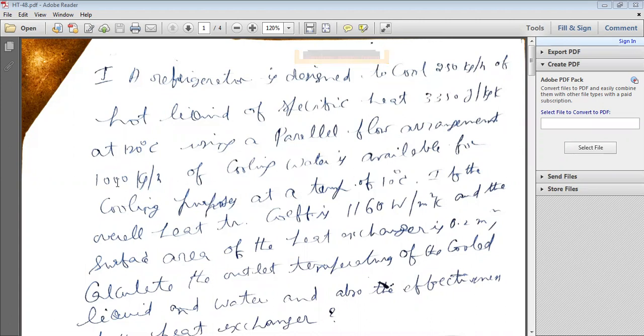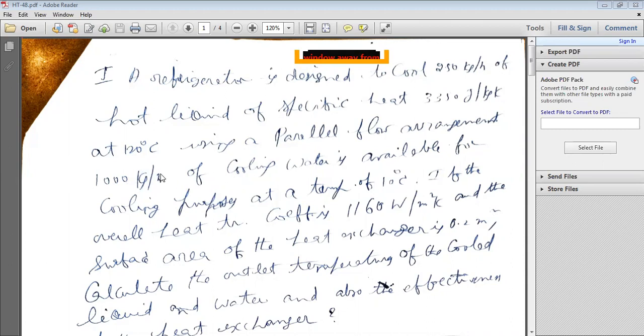And now what is the cold fluid here? Cooling water. The hot fluid is hot liquid and the cold fluid is cooling water. 1000 kg per hour of cooling water is available for cooling purpose at a temperature of 10 degrees centigrade.